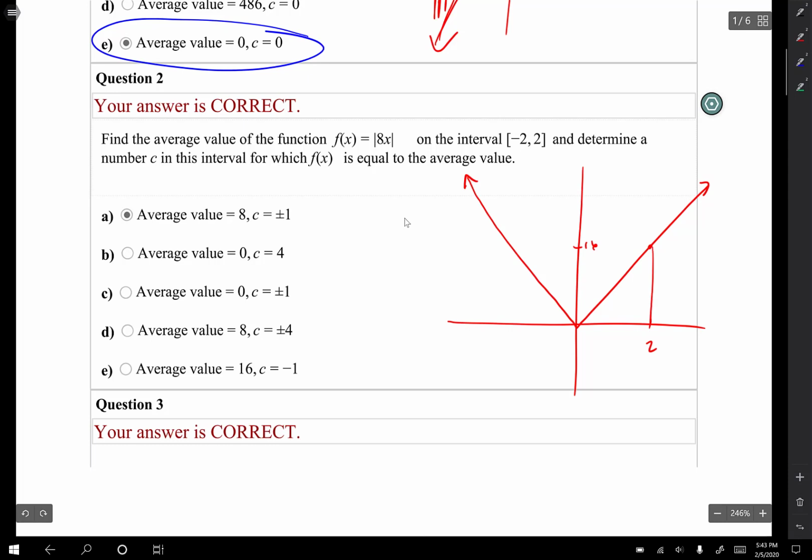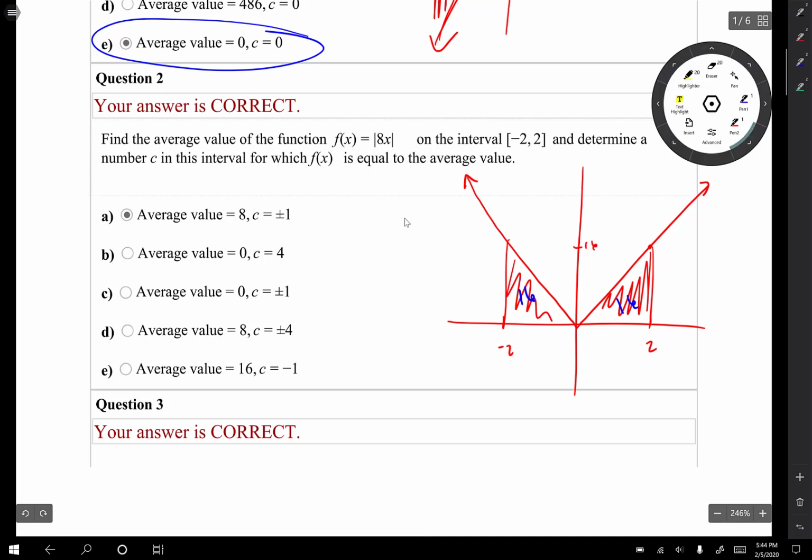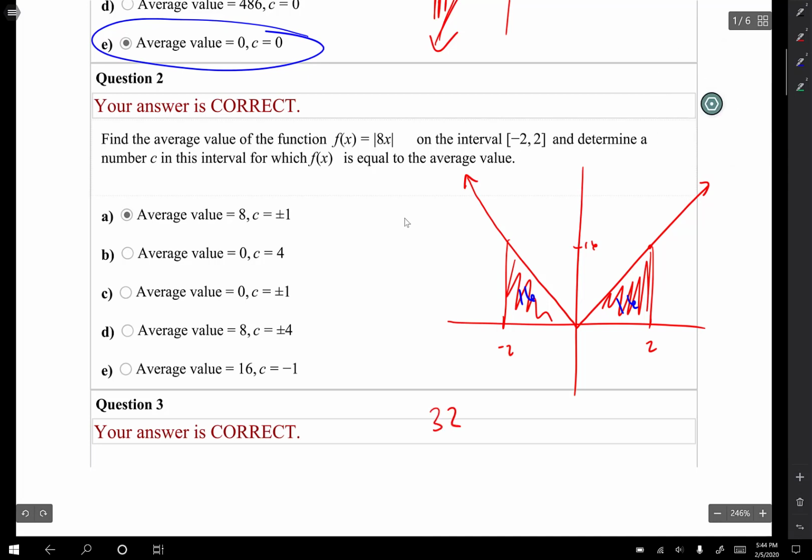So the area between -2 and 2 is, let's see, 2 times 16 is 32, divided by 2 is 16. So this is actually 16 here, and this is 16 here. So the total area is 32. But then the interval is 4.